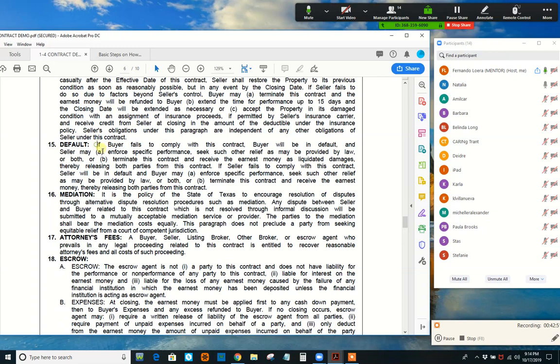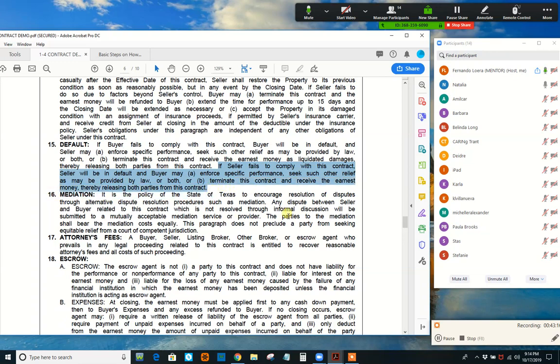Because it's the buyer's fault because they couldn't close. Right here it says. They should have pulled it in. They should put this in bold. Right? Now, if the seller can't close on that date, they're in default. It says right here, if seller fails to comply.